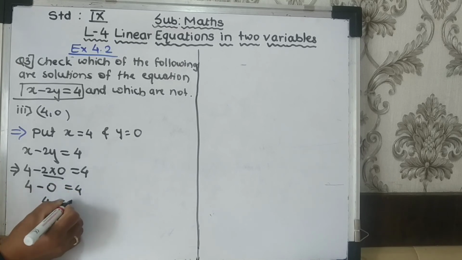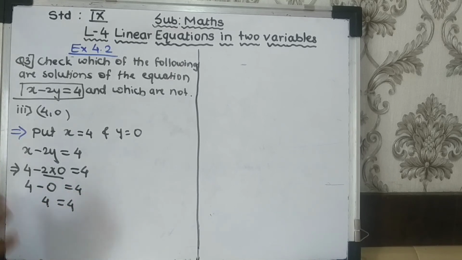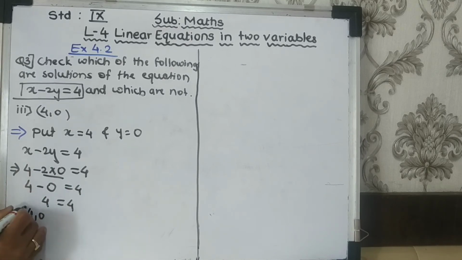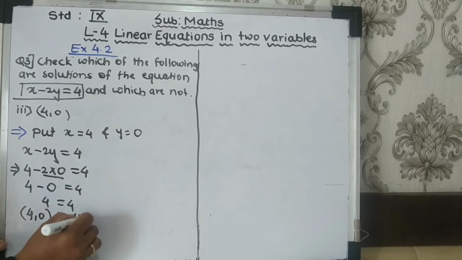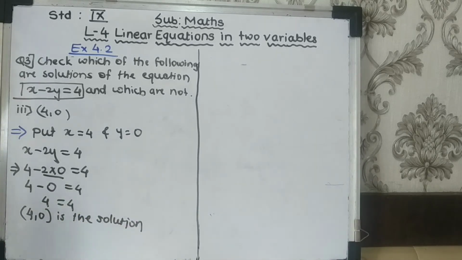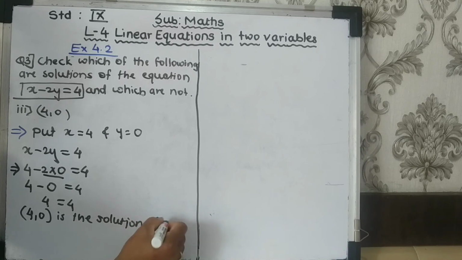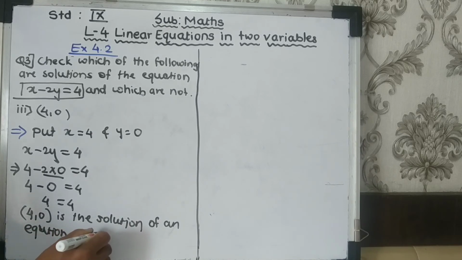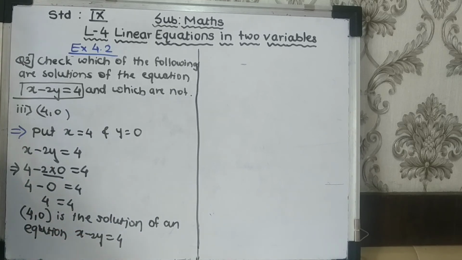Now see here, 4 equals to 4 means both the sides we got equal. That's why we will write 4, 0 is the solution of an equation x minus 2y is equal to 4.